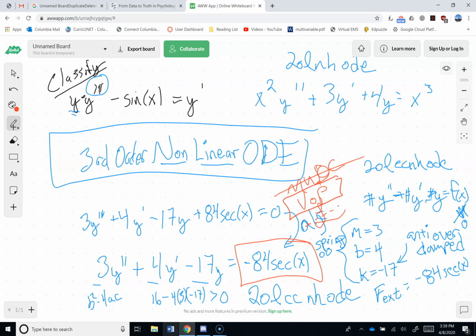Am I guaranteed that variation of parameters is going to work? No. Not conveniently. Might get real gross. Like at the worst case, I can write down that the u's you get from variation of parameters are the antiderivative of something.